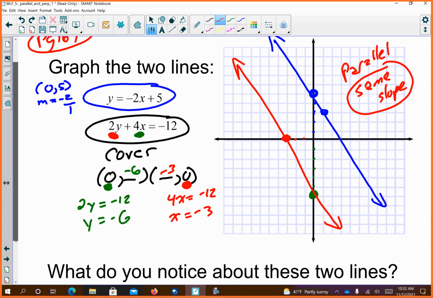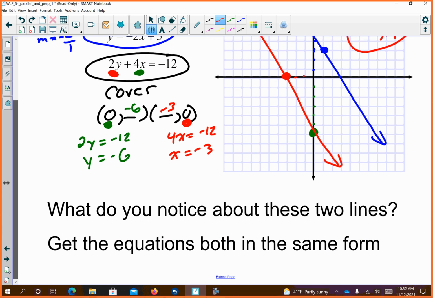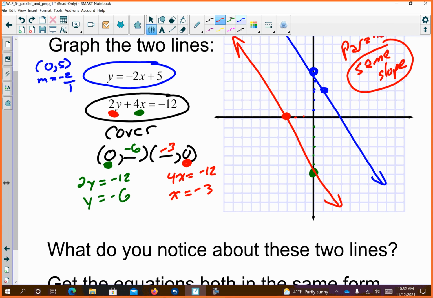And then it says, what do you know about these lines? We already talked about it. They're parallel. Get both equations in the same form. So I'm going to take this top equation. Now I'm going to subtract 4x. Then I'm going to divide everything by 2. Okay?